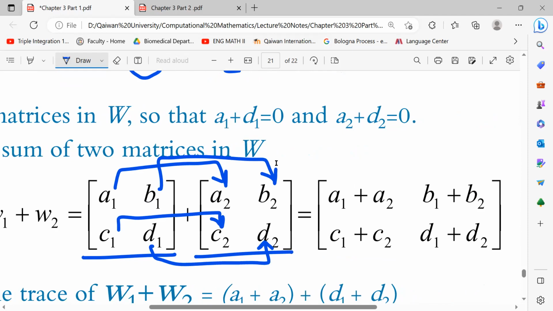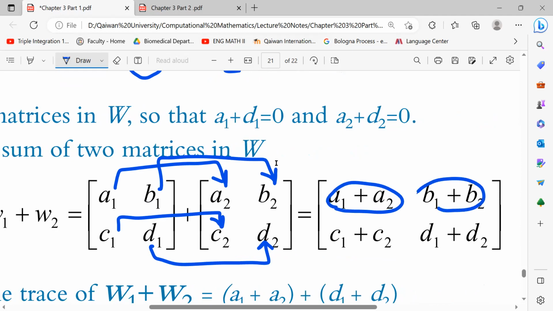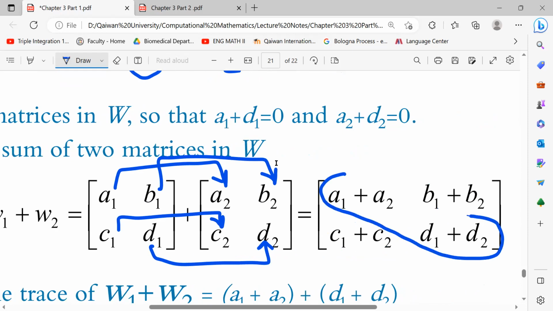We find the sum of these elements and we get the same size matrix, so we get a 2 by 2 matrix. We have these 4 entries. Now, if in this matrix the sum of these two elements is 0, it's in W.